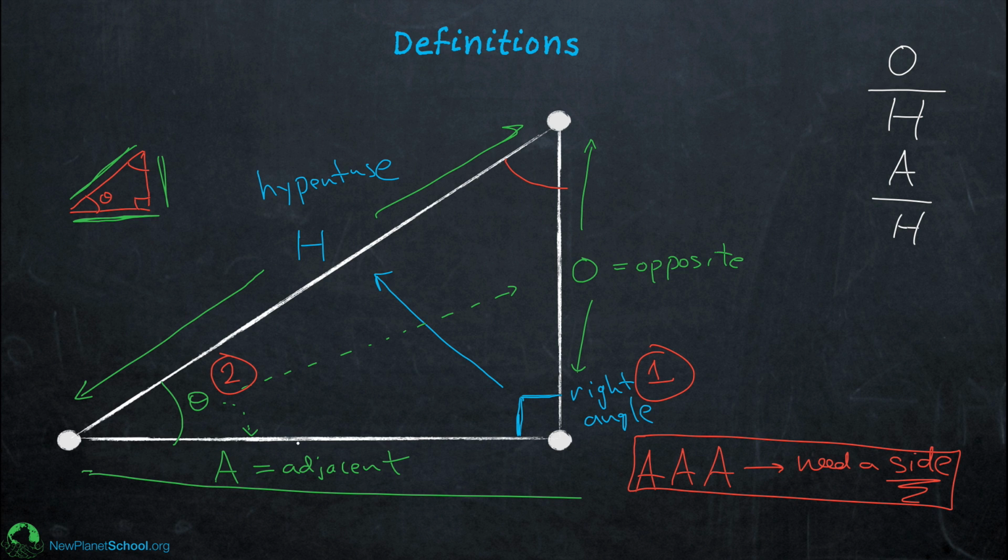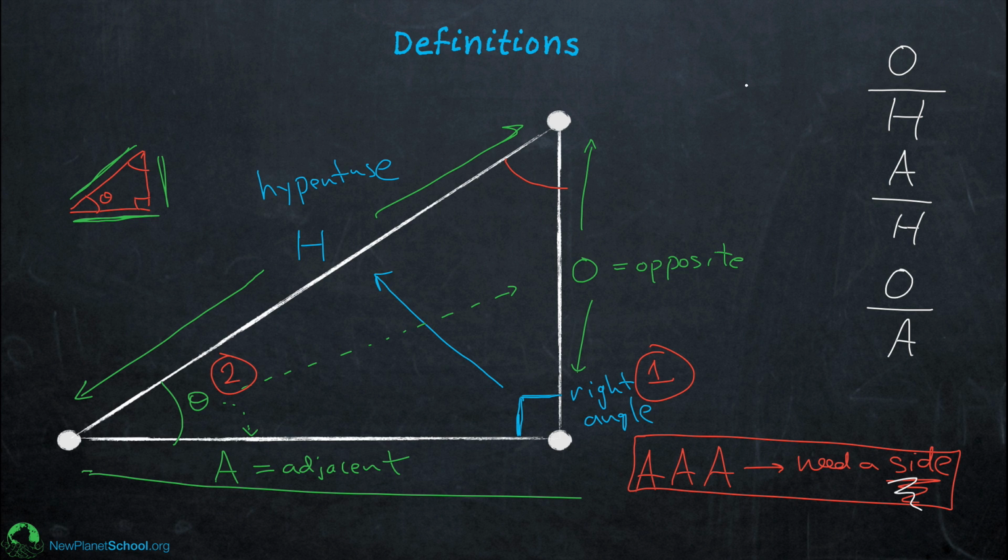That's a reasonable ratio, and that's all I can specify. I'll never get an actual length. And then I might as well come up with one that doesn't have the hypotenuse in it. So let's do opposite over adjacent. These are the ratios that are common between all these similar right triangles.